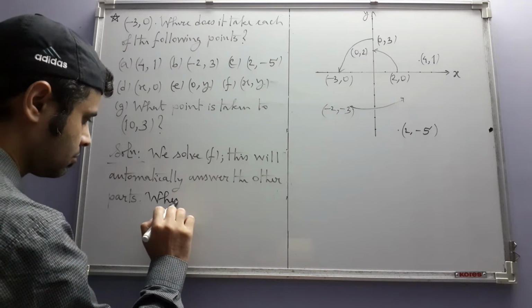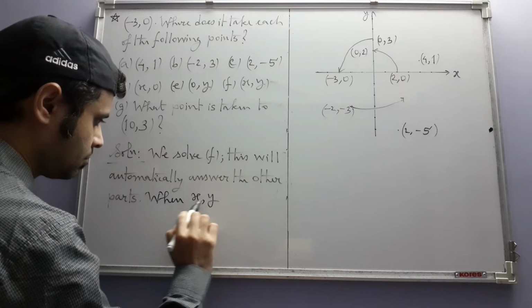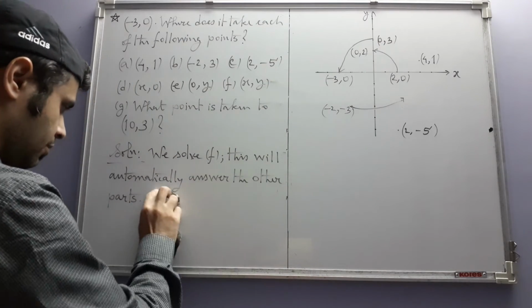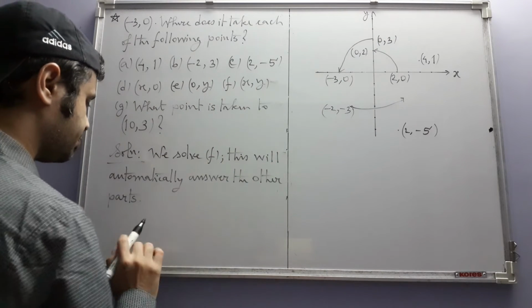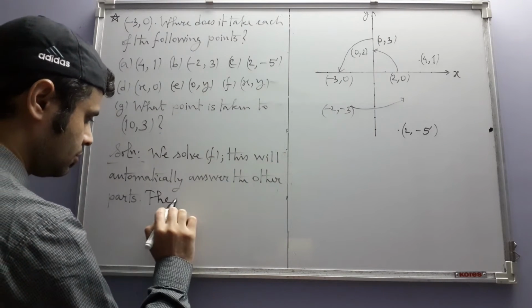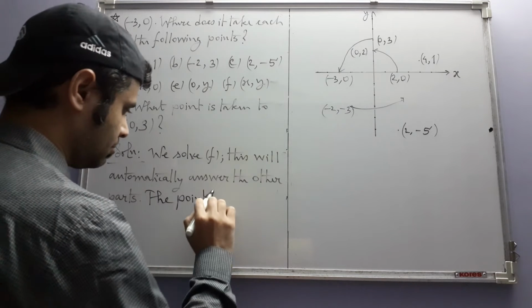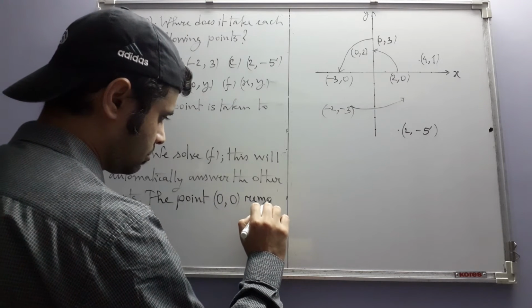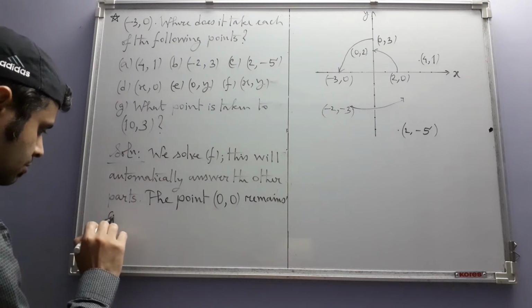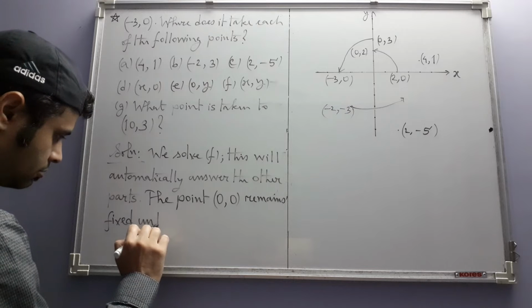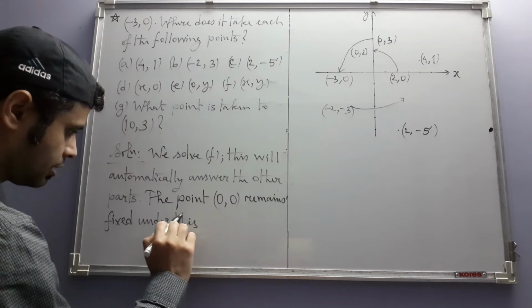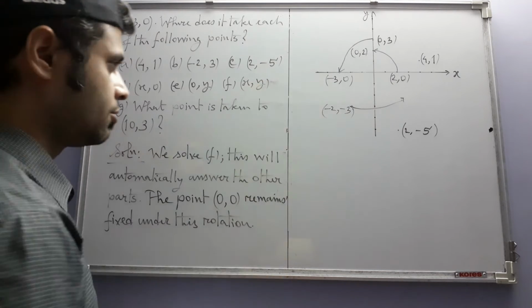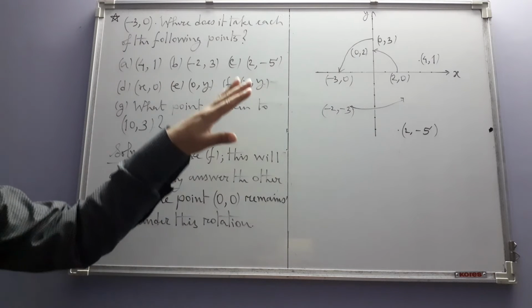The point zero comma 0 remains fixed under this rotation, because even after rotation, that is the only point in the plane that stays fixed.